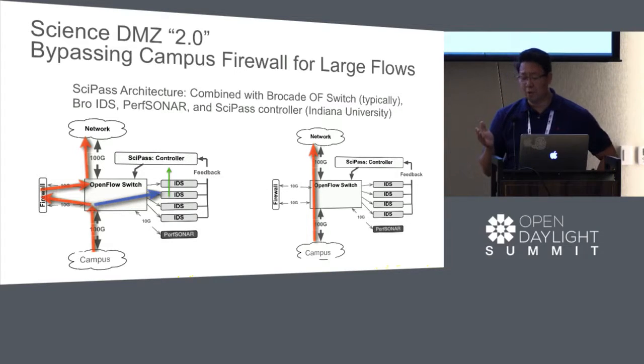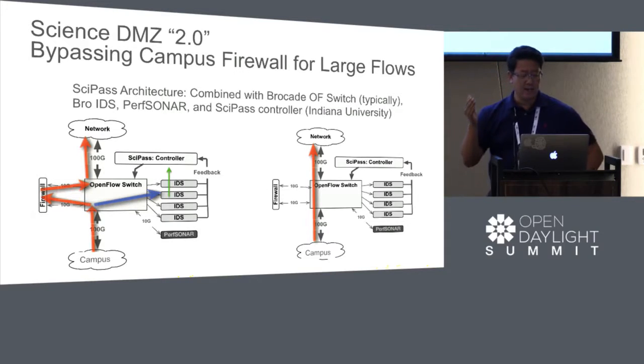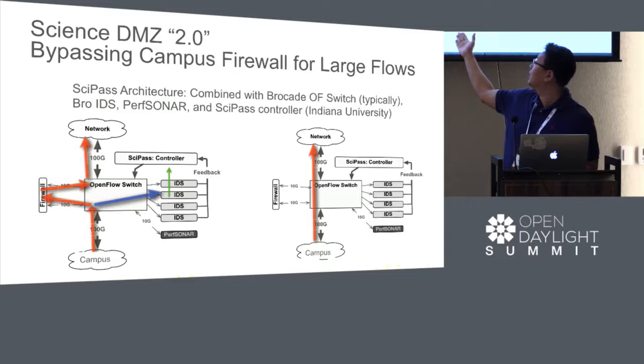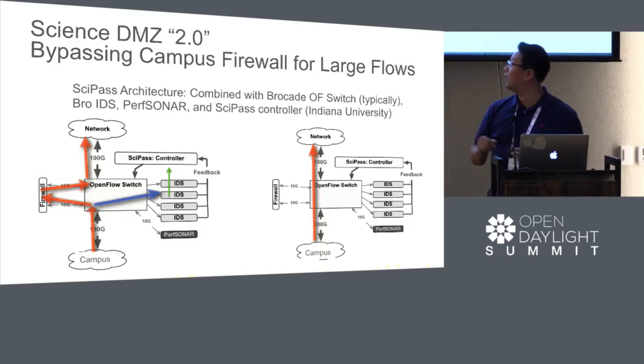It was actually Snort. In the IDS you put a rule saying, hey, if you match this type of traffic, it will call the SciPass controller, which is an OpenFlow controller, and the OpenFlow controller will program the flow. Once it programs the flow, the traffic will no longer go to the firewall, but will go straight out to the internet. So you could think of it as bypassing the firewall. So that's what Science DMZ was.